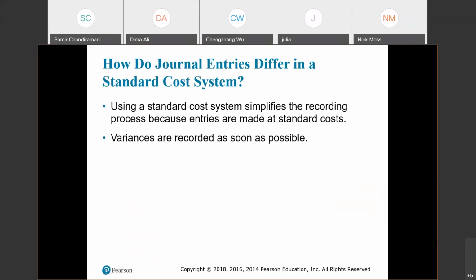So the company records variances from standards as soon as possible. This means that the company needs to record direct material cost variance when the materials are purchased. It also means that work in process inventory is debited at standard input quantities and standard costs when the crayons are manufactured.